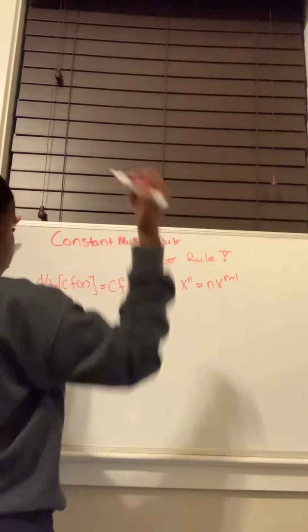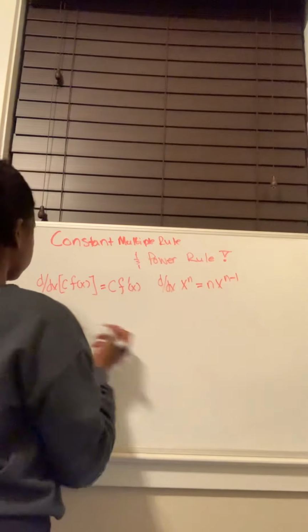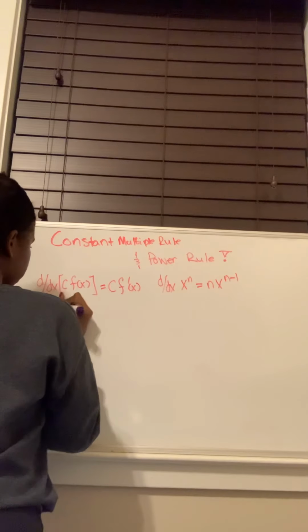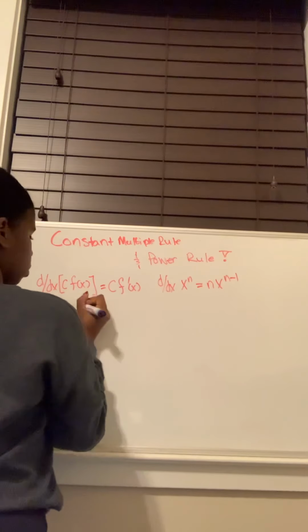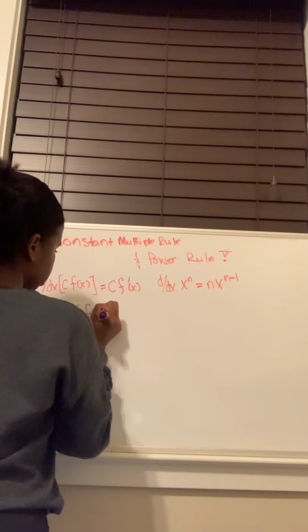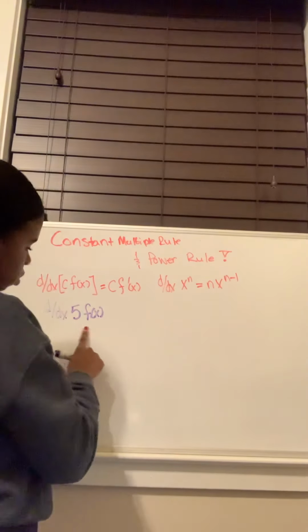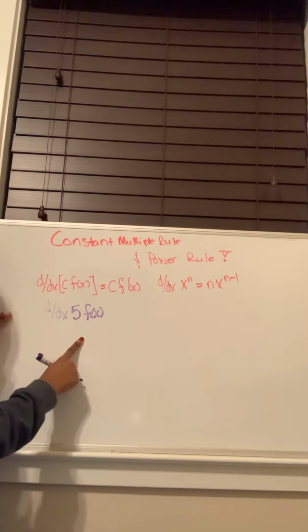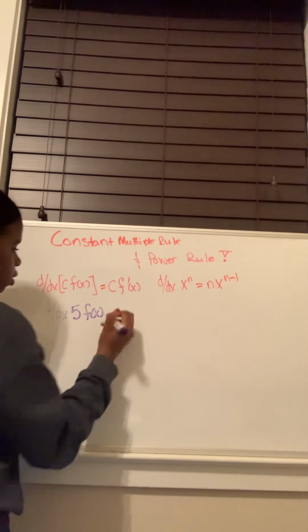Okay. So first, constant multiple rule. Say you want to take the derivative of 5 times some type of function. Right now, just for this example, it doesn't matter what the function is. It's 5 times a function.